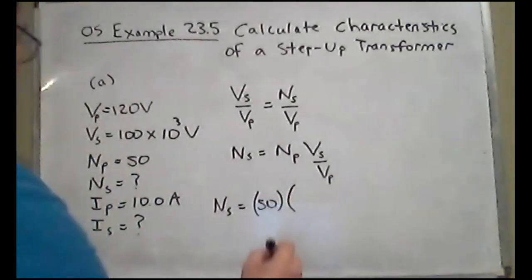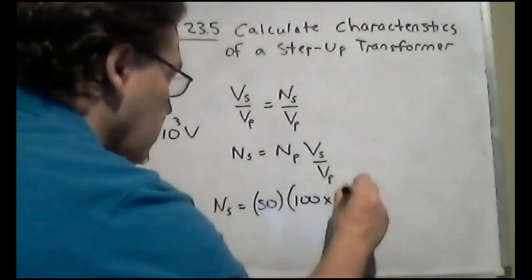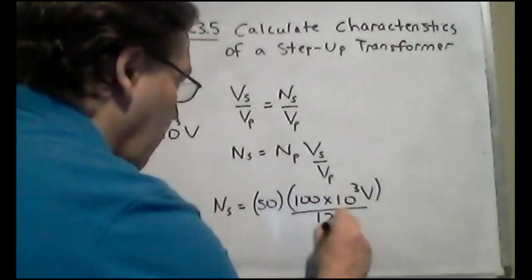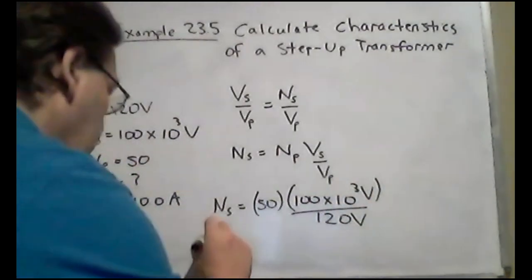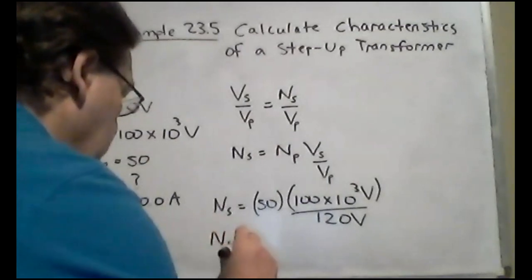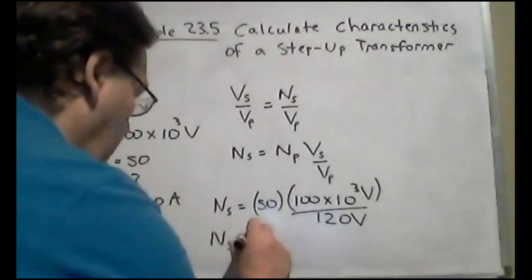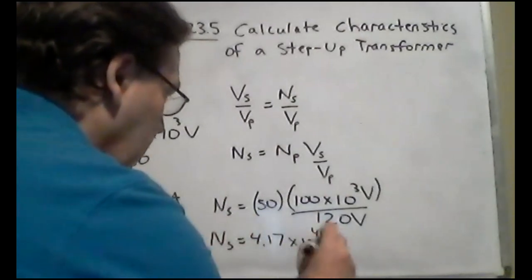V at the secondary is 100 kilovolts. And then V at the primary is 120 volts. I then find out that N sub S, the number at the secondary, is going to be 4.17 times 10 to the fourth loops.